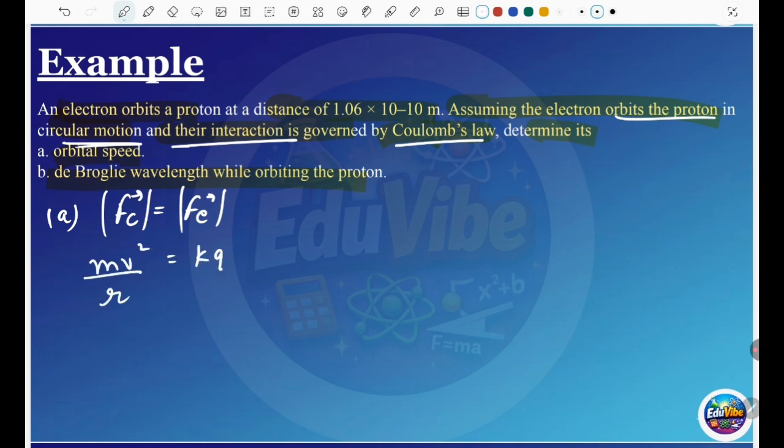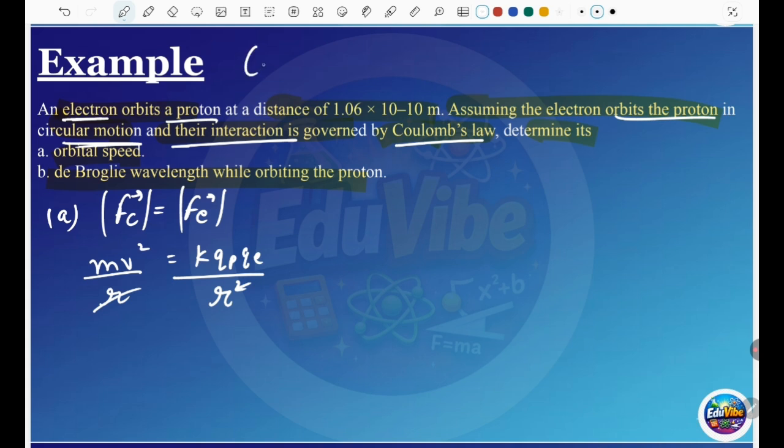This is equal to Coulomb's law, involving the proton and the electron. The electron orbits the proton, so we have two masses, two charges. So Qp and Qe upon r squared. So this r squared cancels out with this.